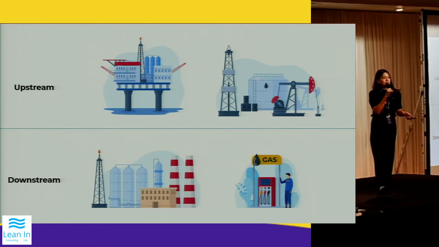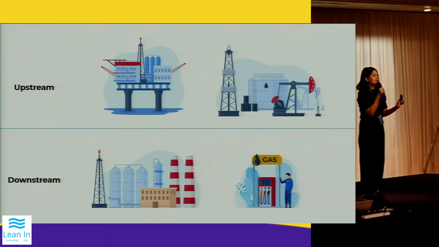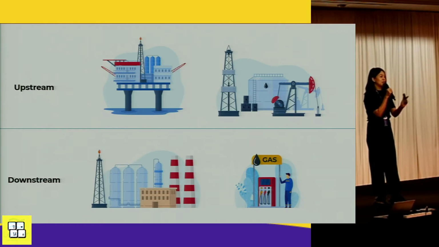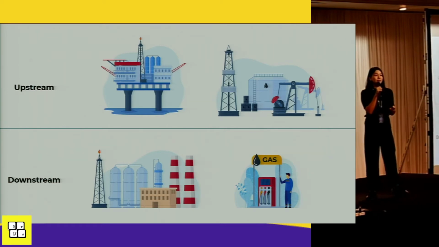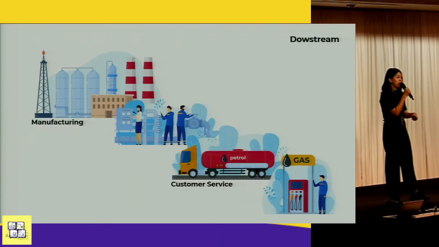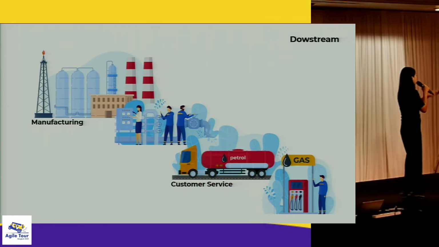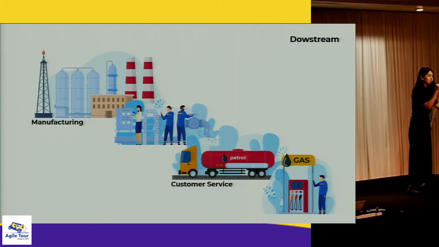And downstream is the process that occurs after that production part until the point of sale, for example, plants, manufacturing, sales, retail, customer service, and so on. But today we will focus on the downstream part, from the beginning at manufacturing until the customer service.